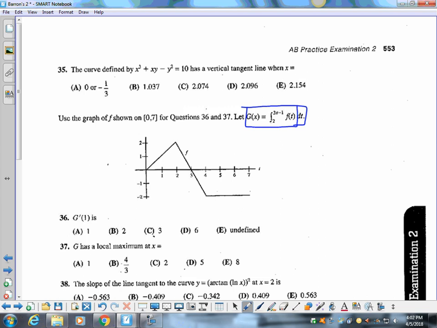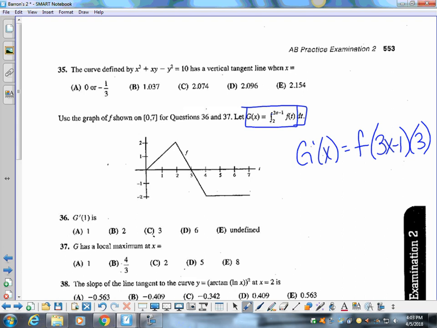So this, I don't know if you guys remember this, but this is the one. It was one of those things where it was so easy, it was really easy to forget. So g prime of x is going to equal f of 3x minus 1 and then times the derivative of that, which would be 3.